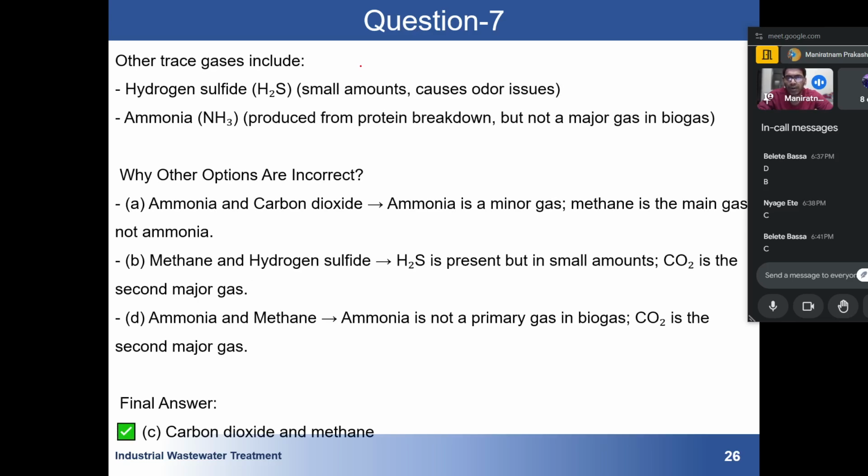Other trace gases are also produced, but their concentration is very low. Ammonia is a minor gas. Similarly, H2S is present, but it is still a minor gas. Ammonia is not a primary gas in biomass. CO2 is the second major gas. So the correct answer was carbon dioxide and methane.